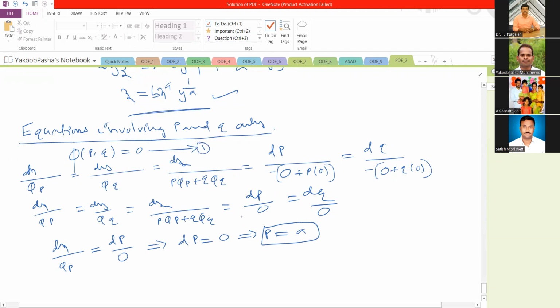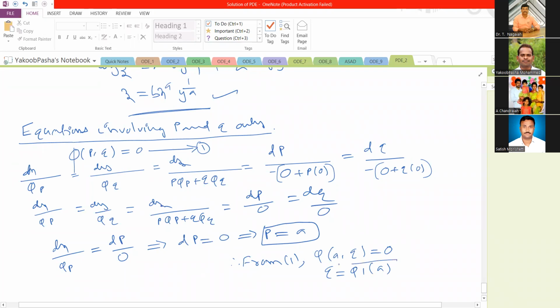Substitute this in equation 1. Therefore, from equation 1, function of a comma q is equal to 0. So q is some function pi 1 of a.